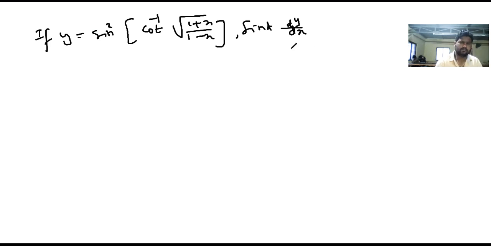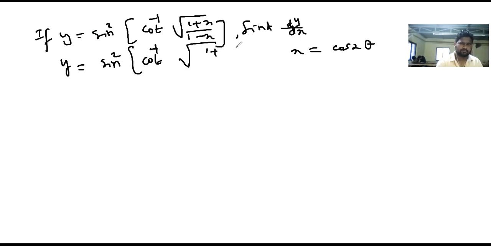So see, I can take x equal to cos 2 theta. So what happened then? y is equal to sine square cot inverse of square root of 1 plus cos 2 theta divided by 1 minus cos 2 theta.